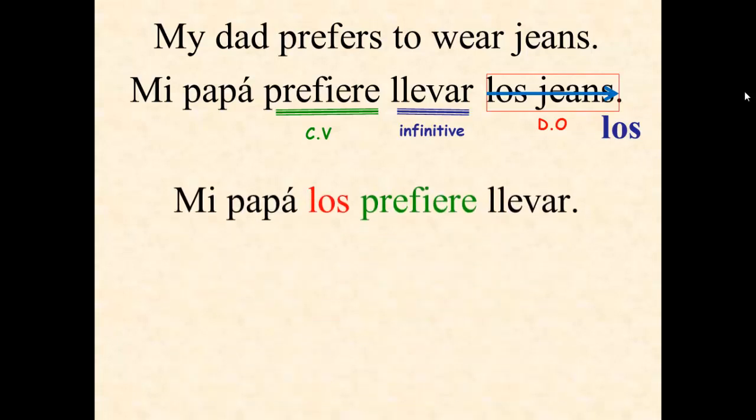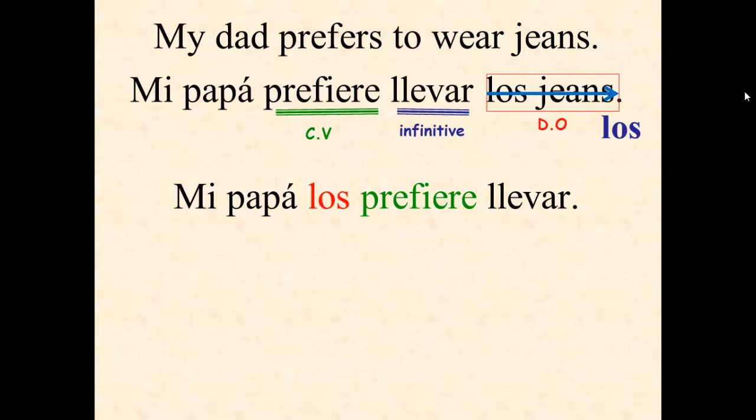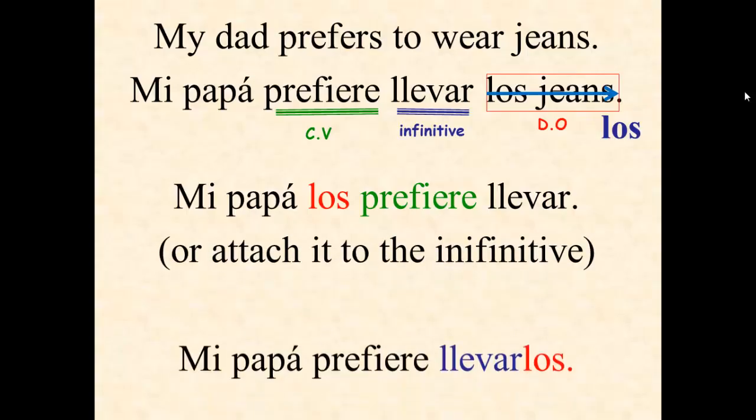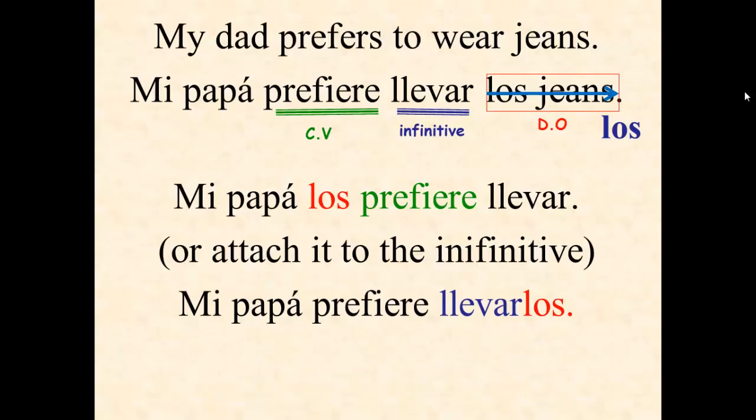We can put los, my direct object pronoun, before the conjugated verb. So mi papá los prefiere llevar. Or, since there's an infinitive in this sentence, it can also be attached to the infinitive. Mi papá prefiere llevarlos. It makes one big word, llevarlos. So it can either be written before the conjugated verb or attached to the infinitive.